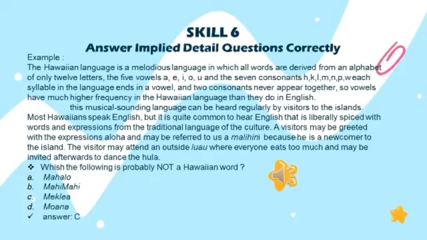From this, you can draw the conclusion that the answer is C. C is Mikli. Is probably not a Hawaiian word because the consonants K and L appear together in this word. So, the best answer is C.